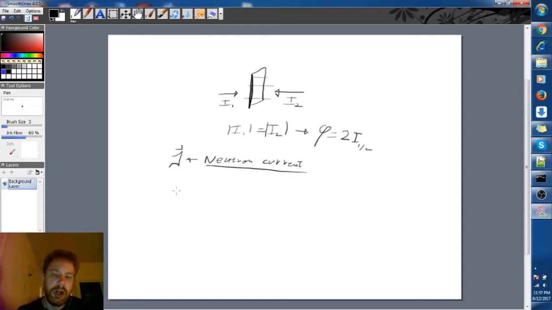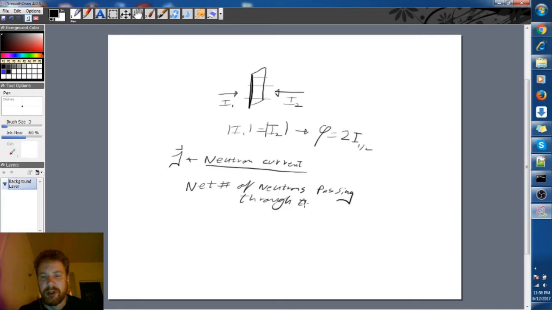And the neutron current is interpreted as the net number of neutrons passing through the plane.